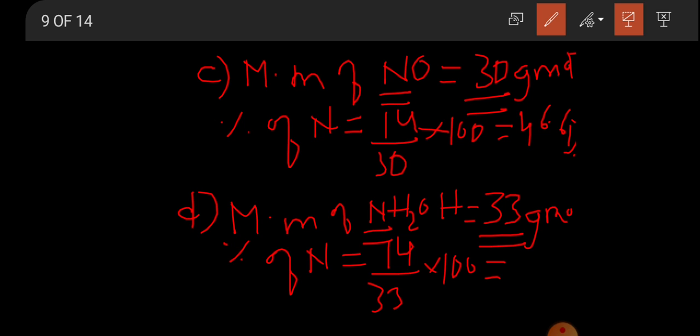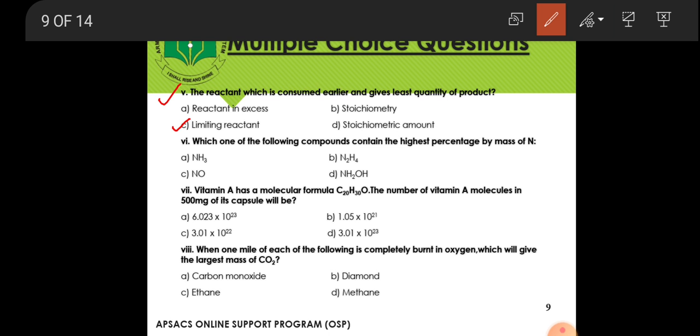So the answer will be 42.42%. So the correct answer is B part, that is the highest percentage of nitrogen is present in N2H4, and that is 87.5%. So the correct answer is B part.